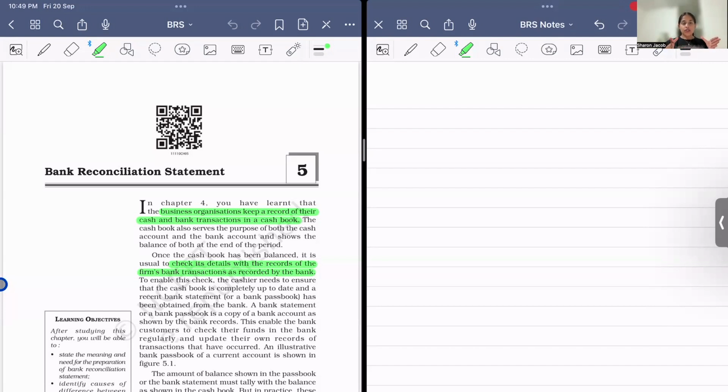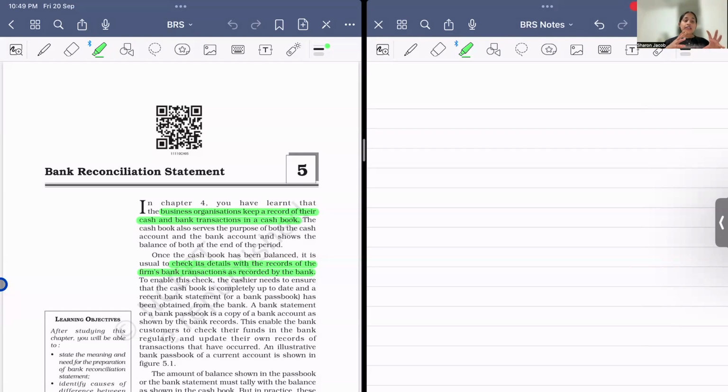We have looked at double column cash book or a triple column cash book where there would be a bank column, a cash column, and then a discount column, right? So all the transactions done through payment or receipt of cash will be recorded in a cash book.